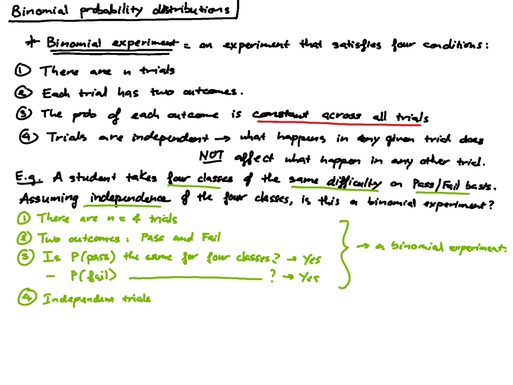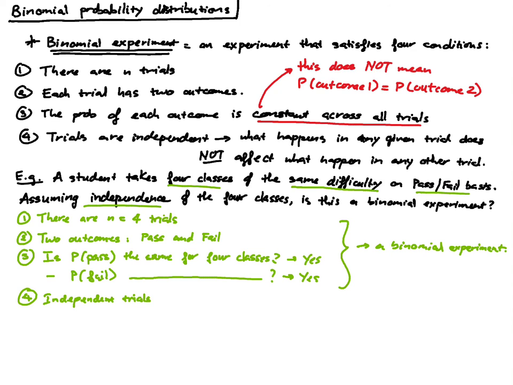This does not mean that the probability of outcome 1 equals the probability of outcome 2.